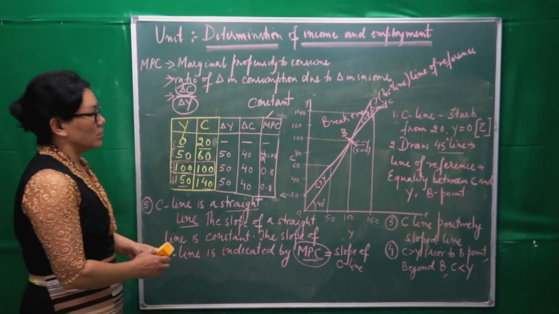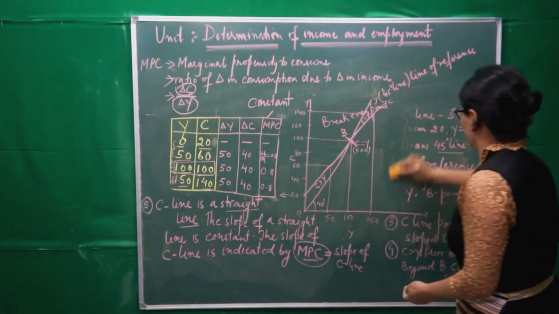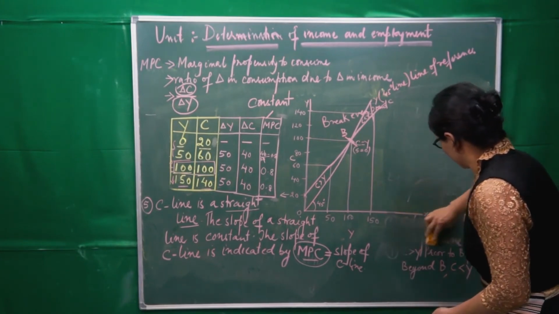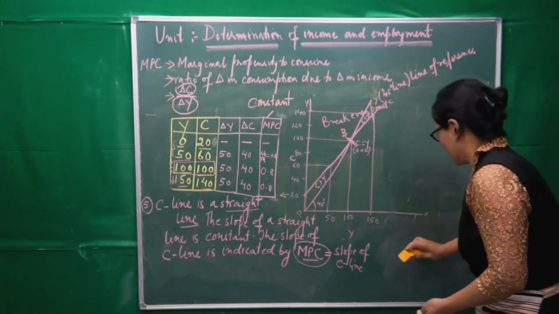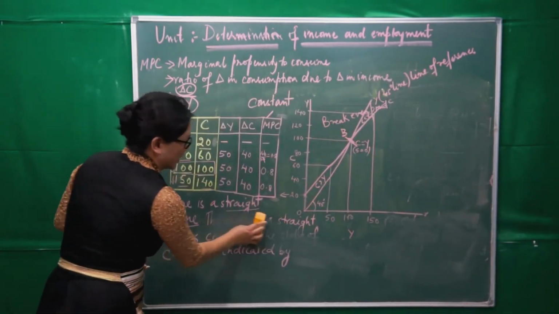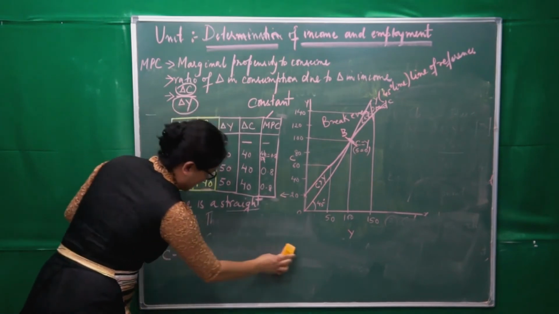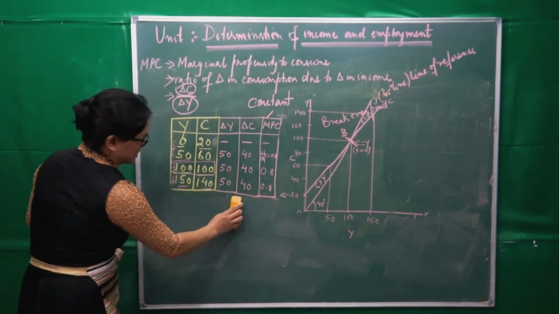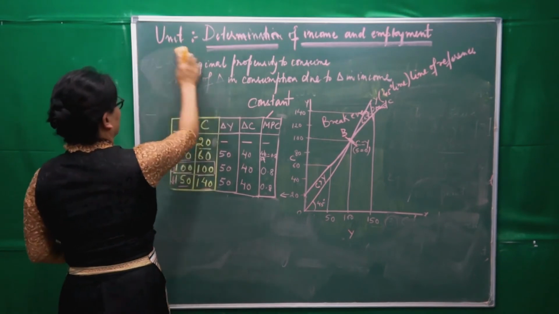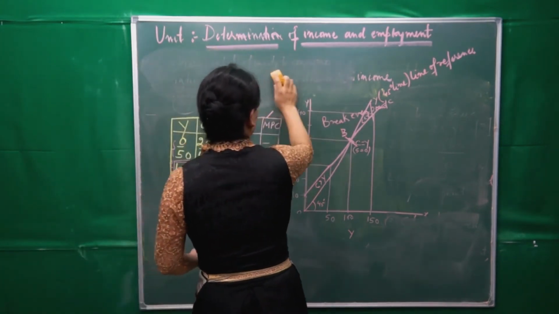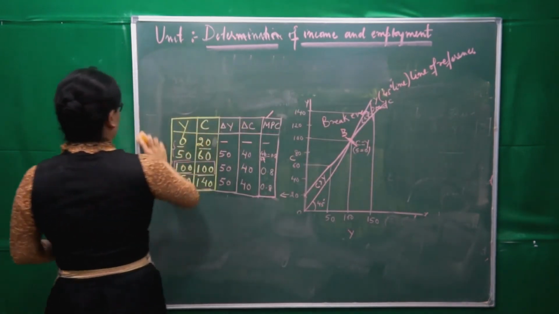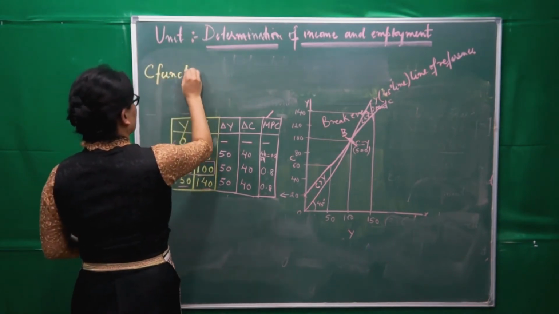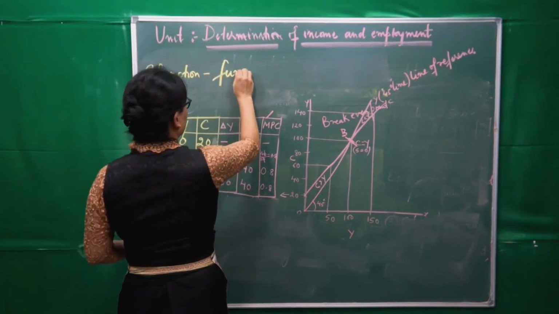Now, we will see here the mathematical relationship between C and Y. Remember, starting in the meaning of consumption function, I have said consumption function is the functional relationship, right?